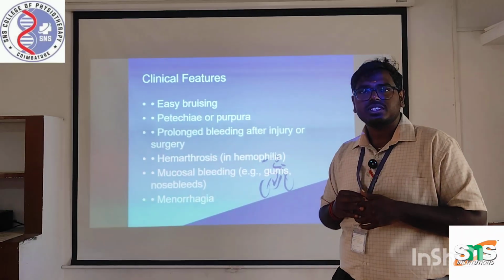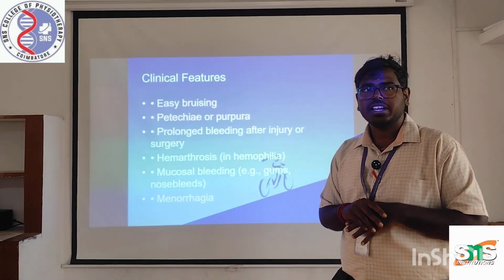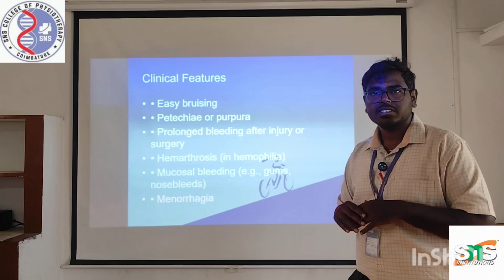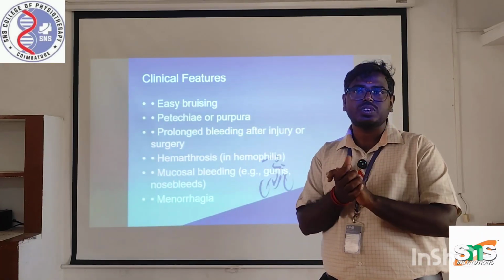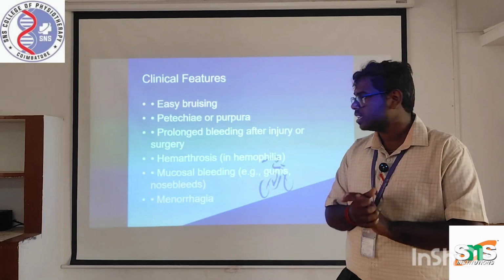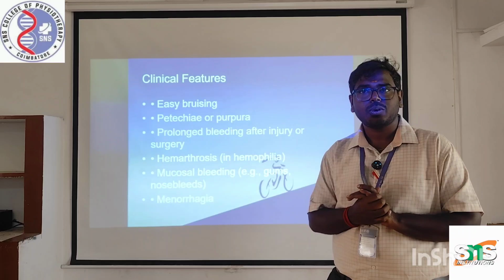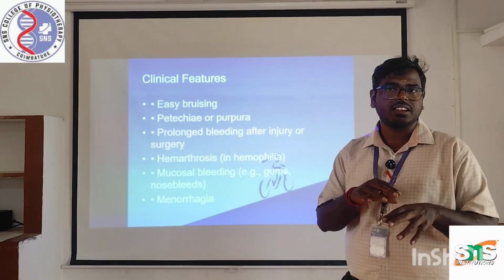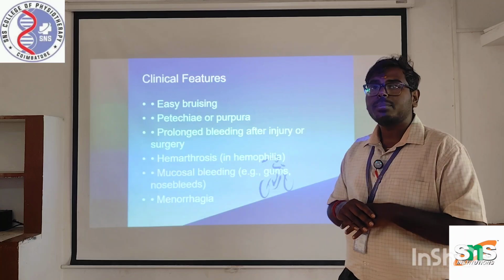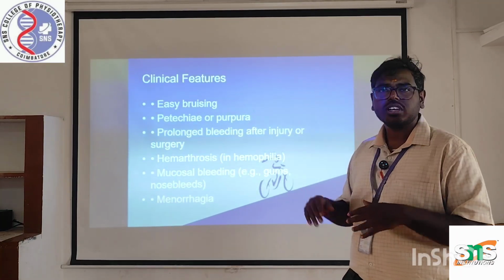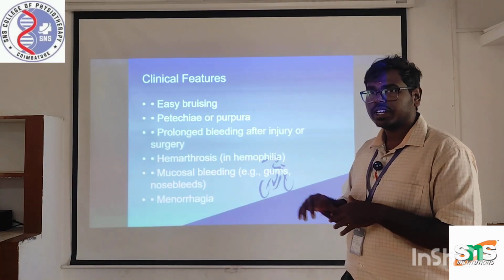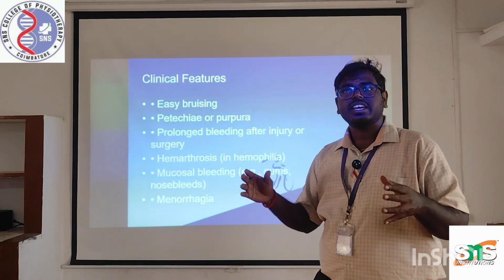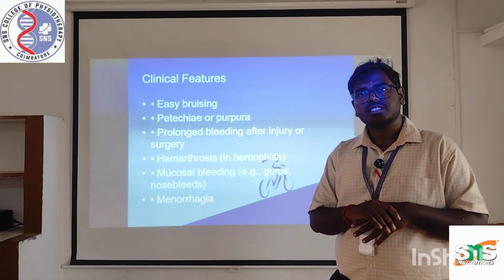Clinical features of bleeding diathesis are, first, easy bruising. Bruising means a superficial impact over the skin. Second is purpura, which is a purplish discoloration over the skin surface. Third is prolonged bleeding after injury or surgery. Next is hemoarthrosis, which is blood collection in the joint surfaces.